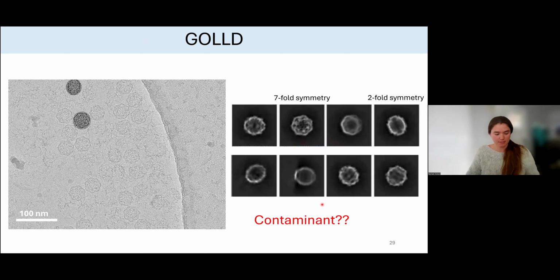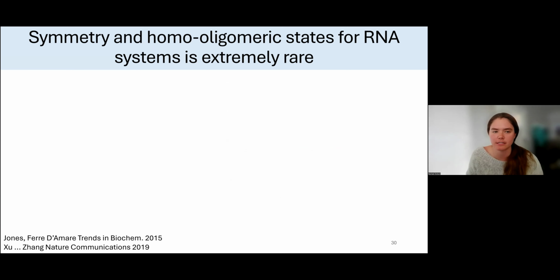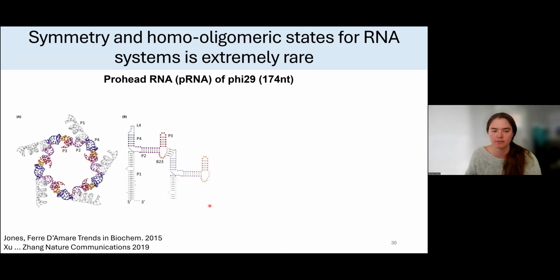When I first saw this, I just assumed there was a contaminant, because this is not something we're used to seeing in natural RNAs. Symmetry and homo-oligomerization are generally extremely rare. One of the highest symmetry RNAs previously known is the pRNA, the prohead RNA of a phage.